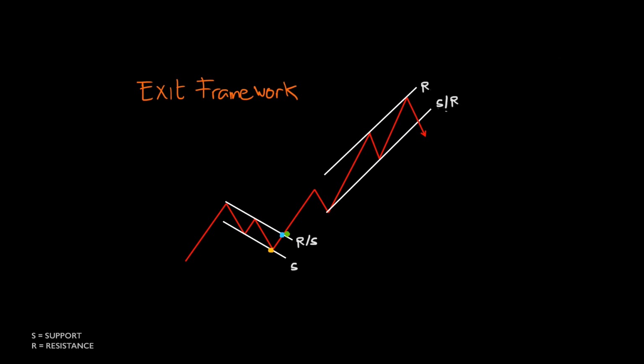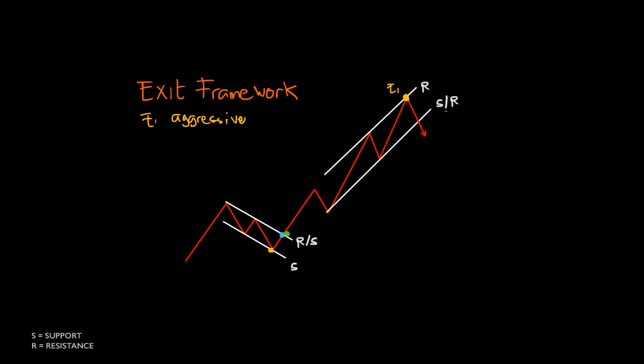In the same way, when exiting, the earliest exit that you can take is the last reaction of that resistance level, which we will call the E1 exit 1 or the aggressive exit.